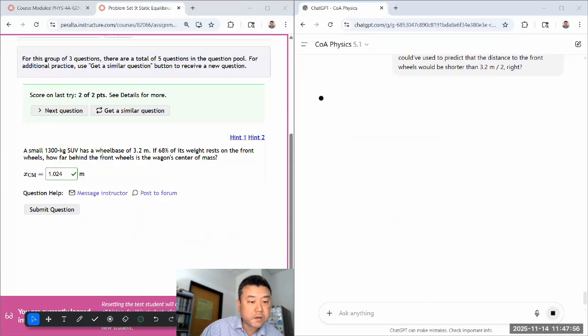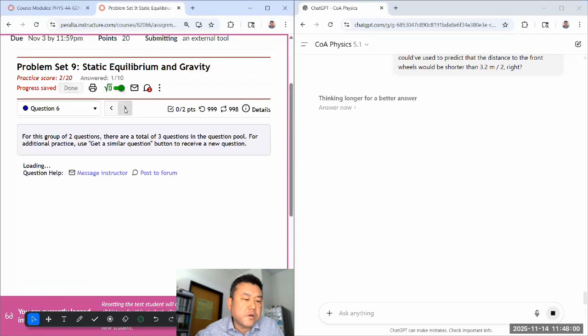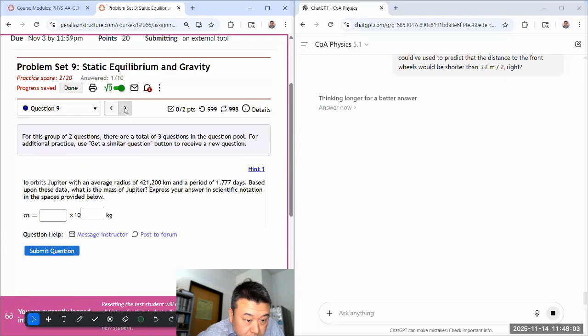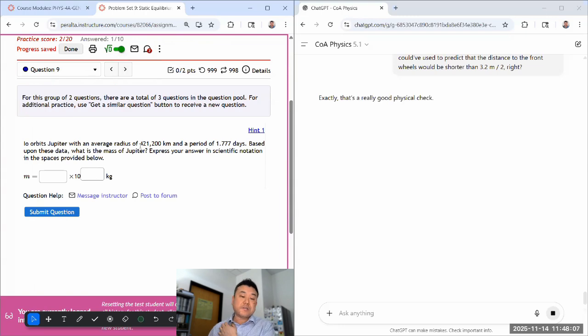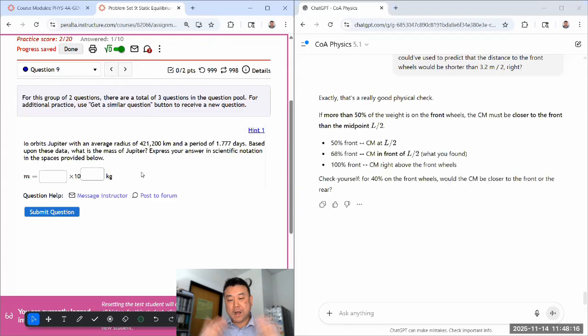Yeah. Let's see. Do I want to ask? Let me ask one of the gravity questions. I actually want to see how it answers this question. You can technically answer this using Kepler's third law. It's a textbook formula.